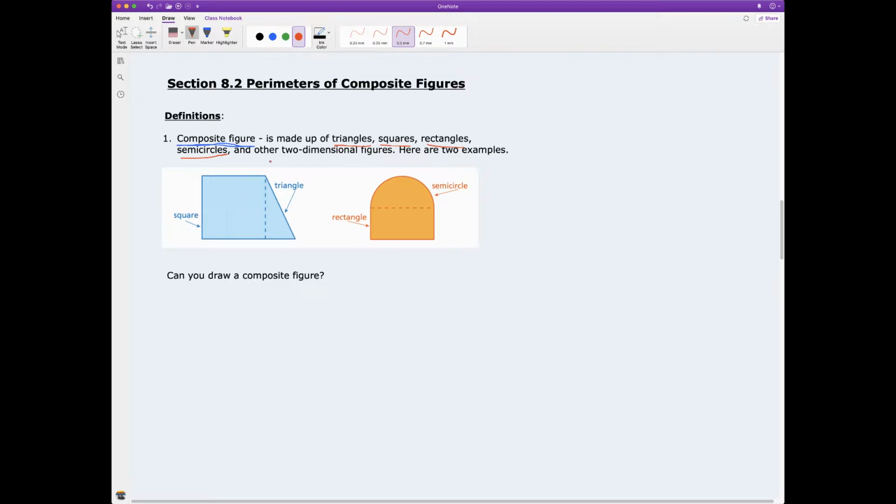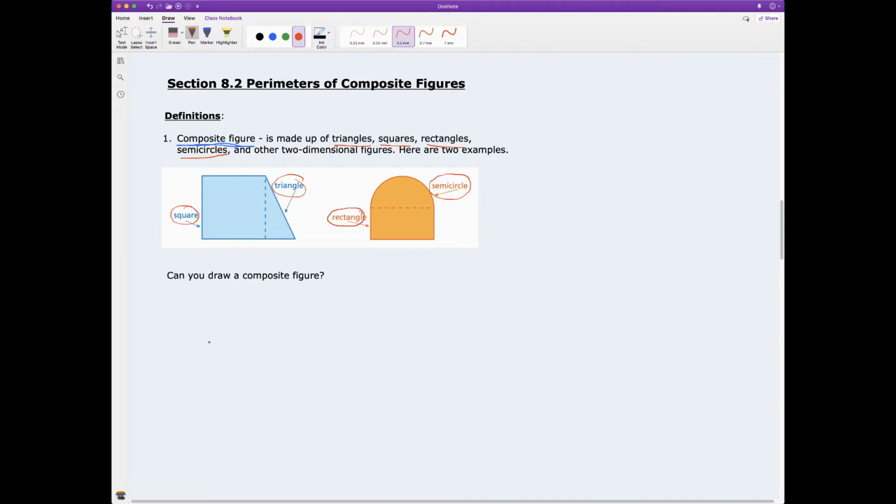Here's a couple examples. This composite figure is made up of a square and a triangle. This one is made up of a semicircle and a rectangle.